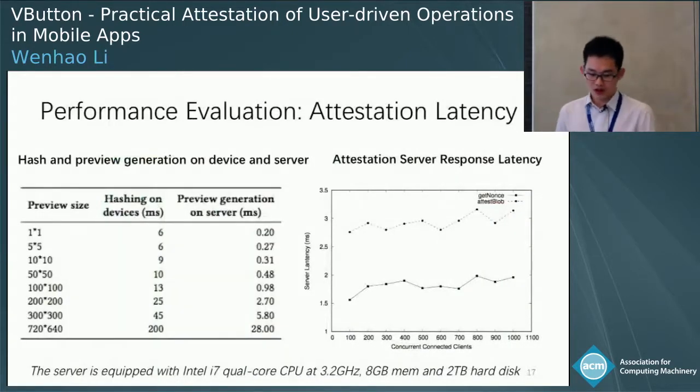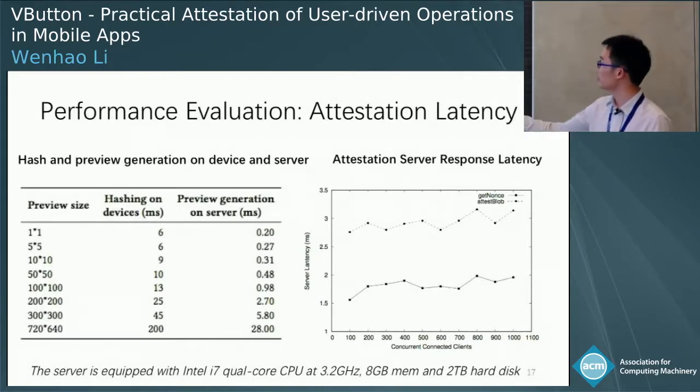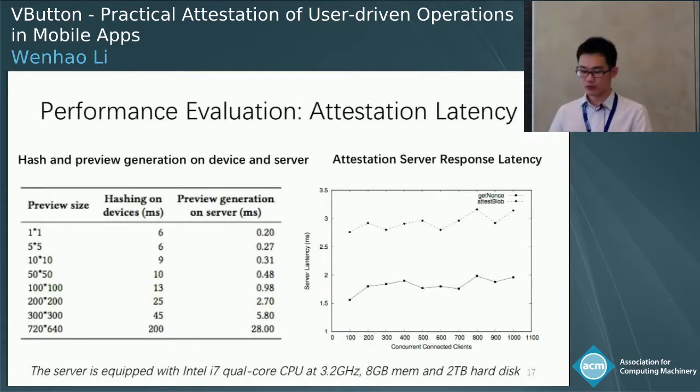We also measure some other performance on the attestation latency. The first one is generating the attestation blob and preview on both the client and the server, which are very computing intensive, and we measure the time cost as shown in the left figure. We can see that it performs well when the size is very small, but if the application developer is attesting a big image on the device, it is very costly.